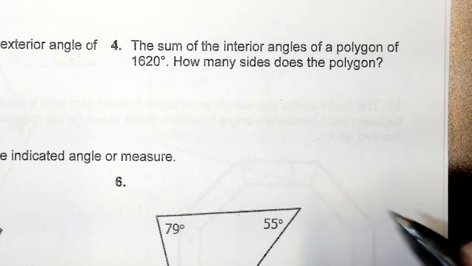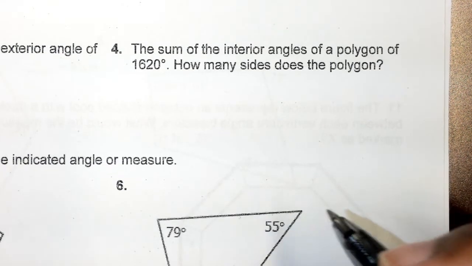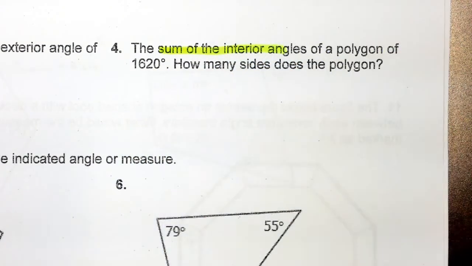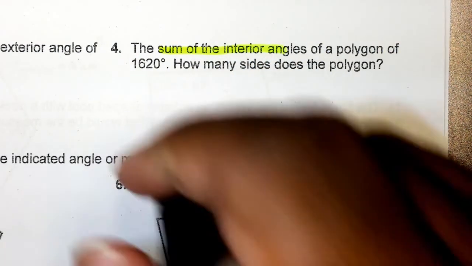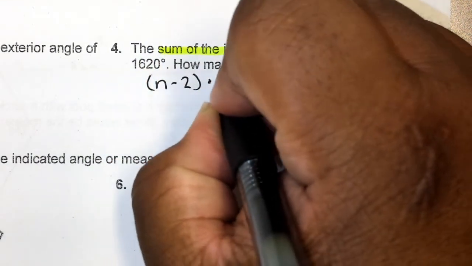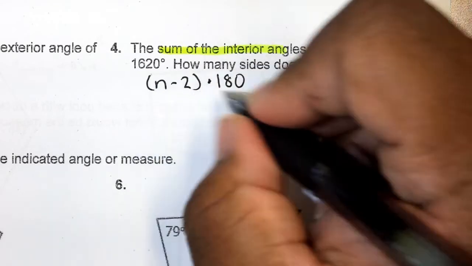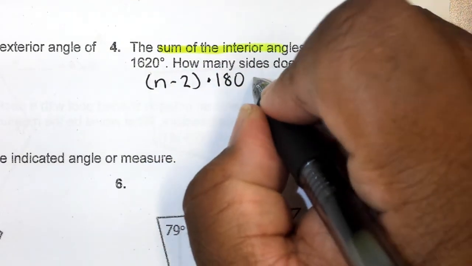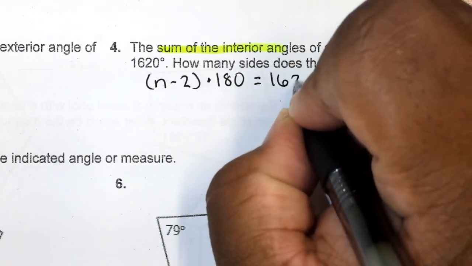To do that, I must still use the formula for sum of interior angles. The formula for sum of interior angles is the very first one up top there, which is (n minus 2) times 180. Only thing is, I don't need to find the sum. They gave that to me already. So I'm going to say this formula equals 1620.